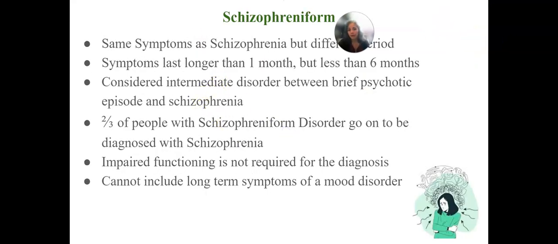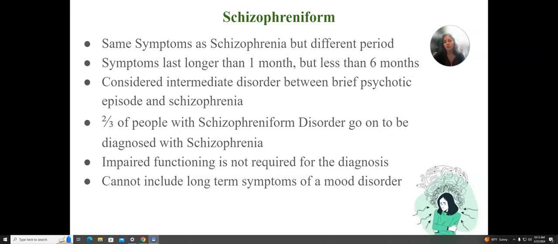So when you talk about schizophreniform, which is the precursor, right? Longer than a month, somewhere between a month and 6 months, the symptoms are there. Now, quite often, a diagnosis of schizophreniform is a strong predictor that you will likely meet a diagnosis of schizophrenia at some point.